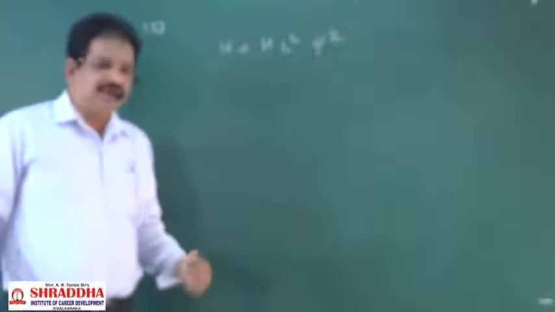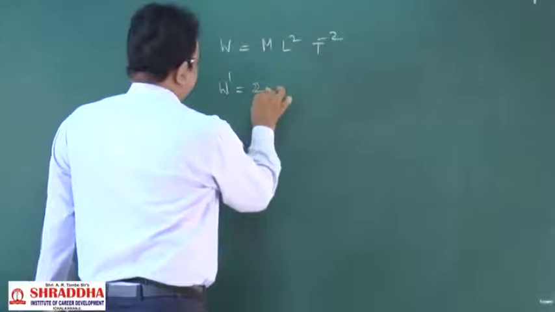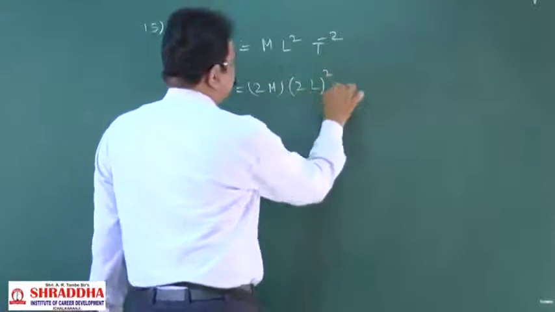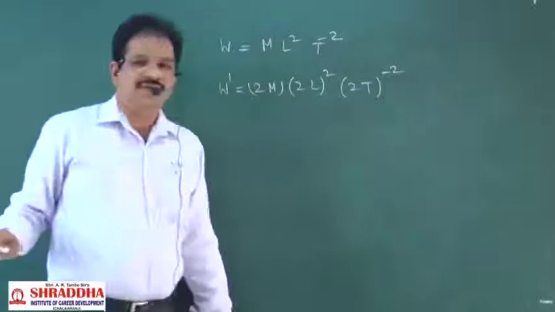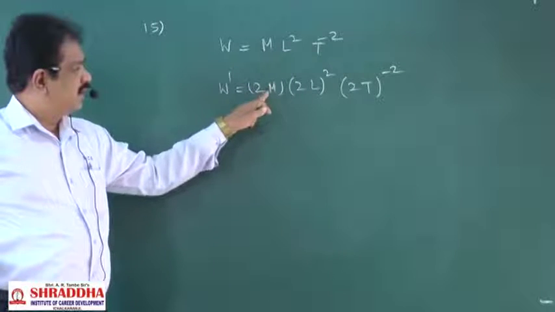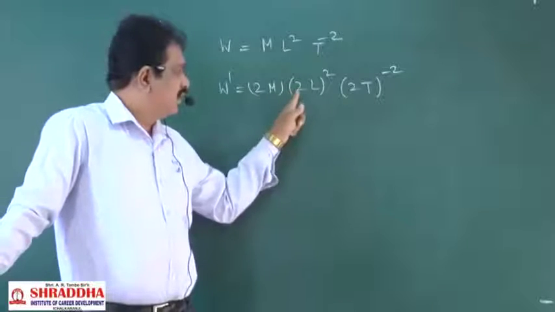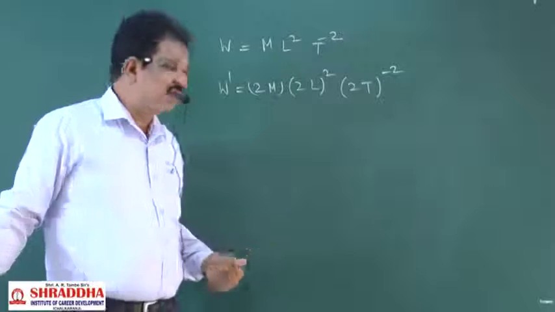Here all are doubled. W dash is equal to 2M, into 2L whole square, into 2T power minus 2. Mass doubled, length doubled, time doubled. So here 2 square and 2 power minus 2 will cancel.